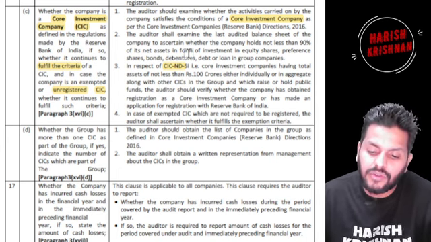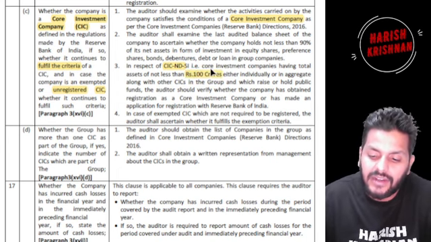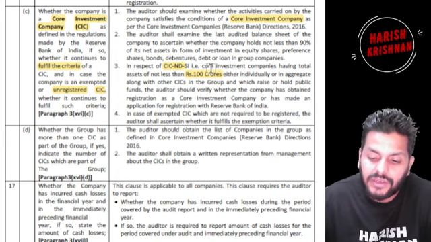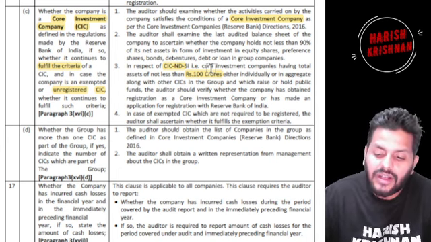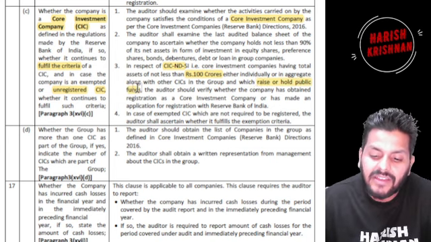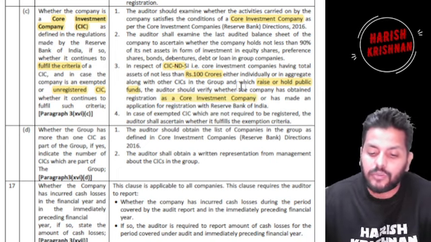Okay, in respect of those core investment companies having a total asset of not less than 100 crores individually or along with other core investment companies in the group, and which raise or hold public funds, the auditor should verify whether the company has obtained the registration as a core investment company.